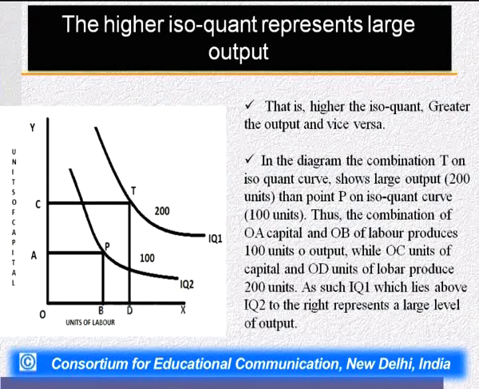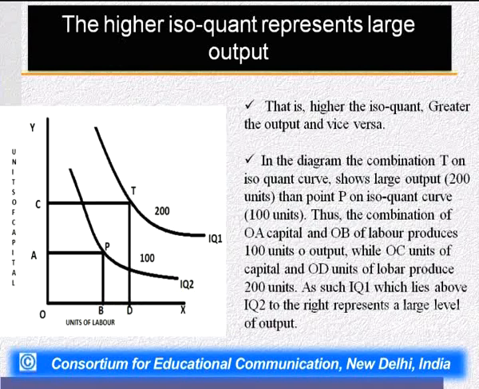So it clearly emerges, if you look at the IQ1 curve and the IQ2 curve, that the level of output is a little different, and the combination at T will give a higher level of output. So here you can see why the higher isoquant represents a larger output.